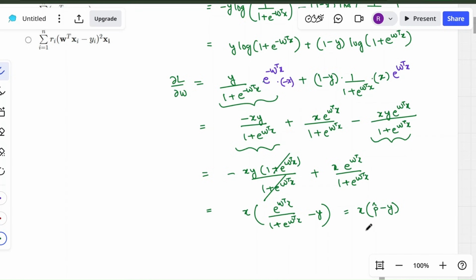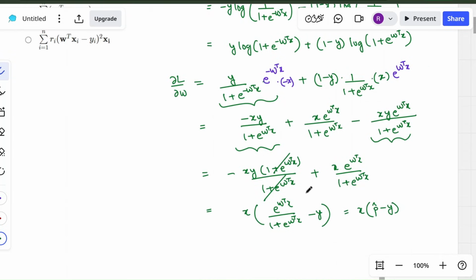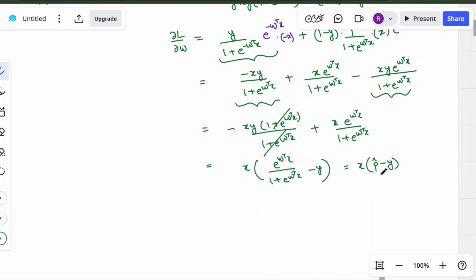Okay. And this is the derivative of the logistic loss function. Again, you can interpret it this way. So what is this? This is the difference between the actual value or actual label and the predicted probability.